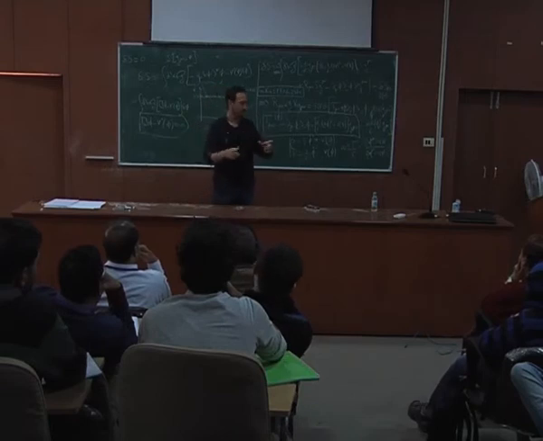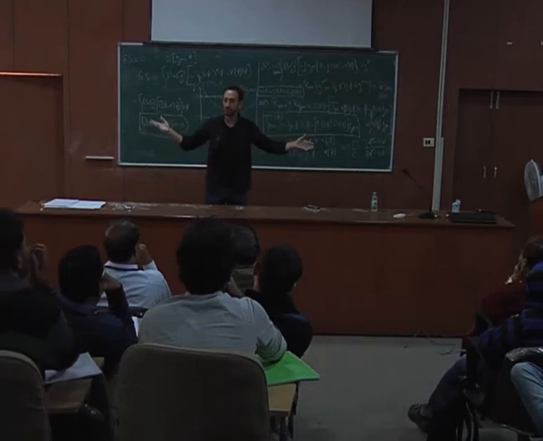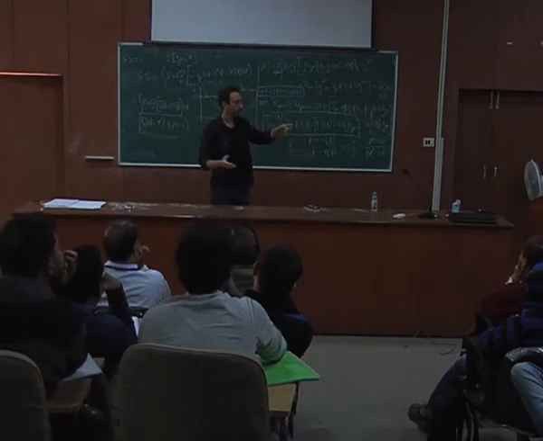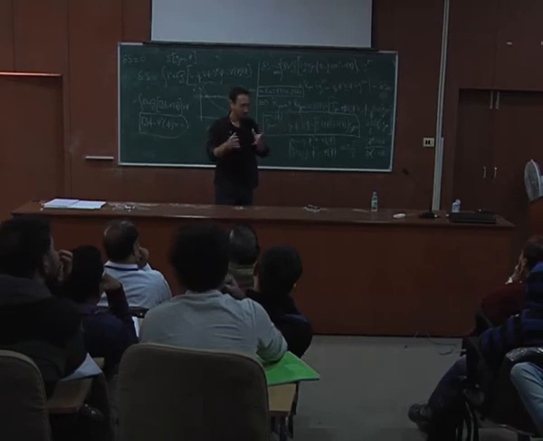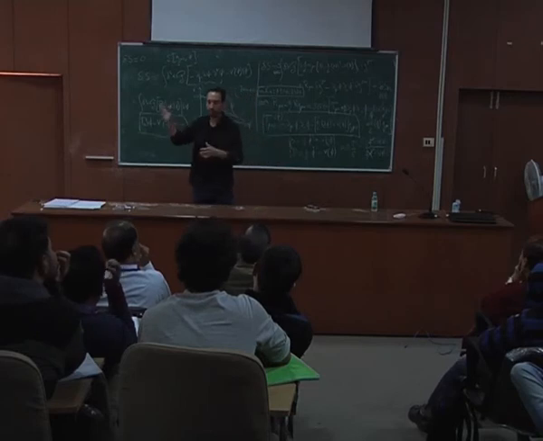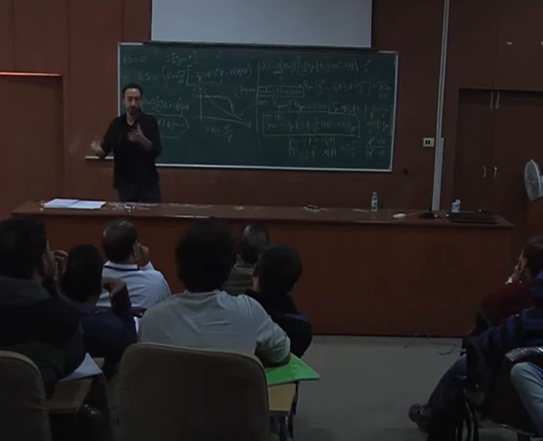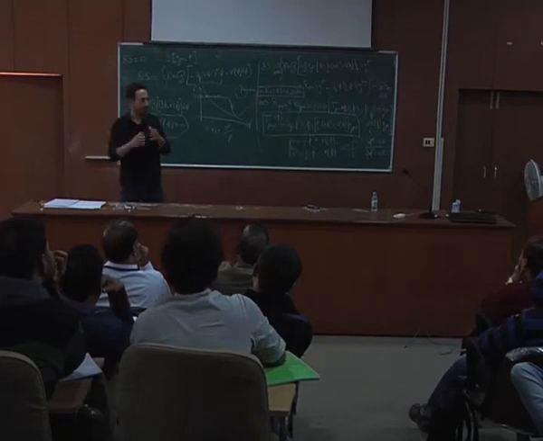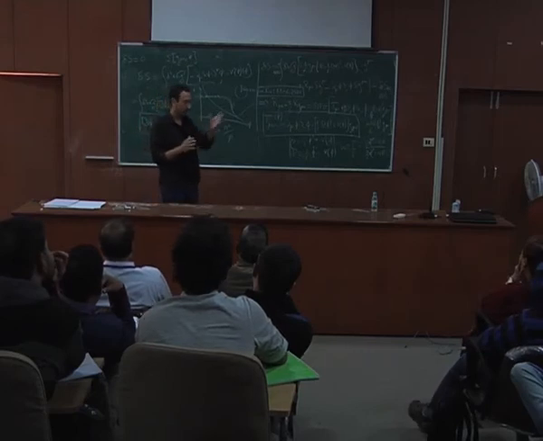In each universe, you have a lambda with a different value. So all possible values exist. The other universes have a different lambda, but they produce a universe which is not viable. You don't have galaxies there, etc., because lambda is too large or too small. So we are in the universe where lambda is this.